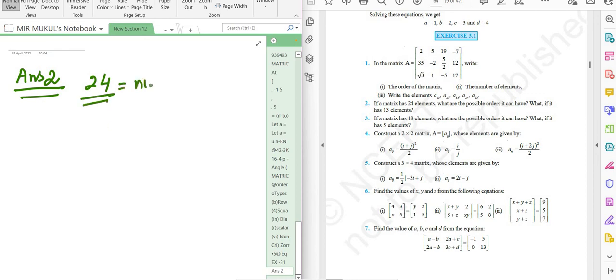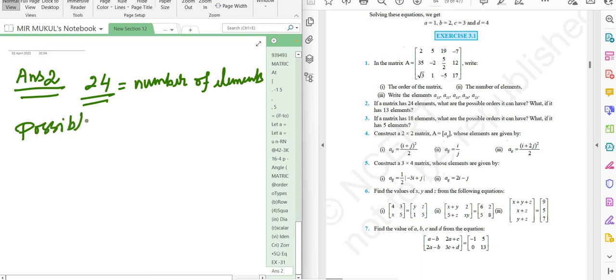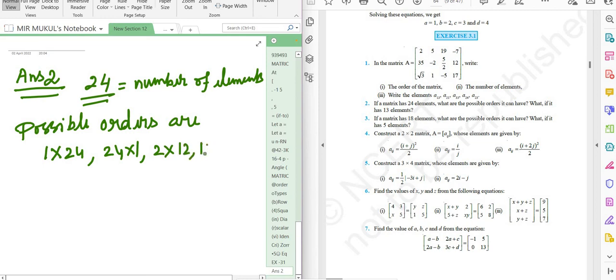So the possible orders are 1 cross 24, 24 cross 1, then 2 cross 12, 12 cross 2, 3 cross 8, 8 cross 3, 4 cross 6, 6 cross 4.